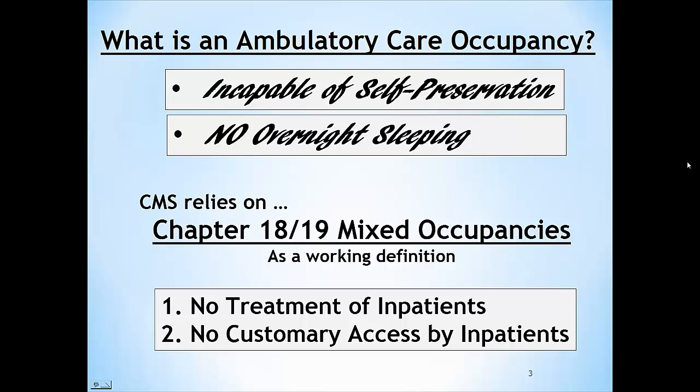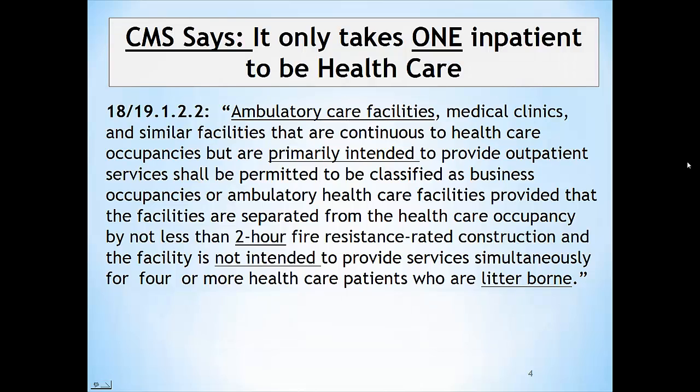That isn't stated in the ambulatory care occupancy, but it is intuitive in the healthcare occupancy, and they stick very hard to this concept of no customary access by inpatients. They basically say if an inpatient walks into any building, that building has to be healthcare. That's the CMS point of view on the whole shooting match.